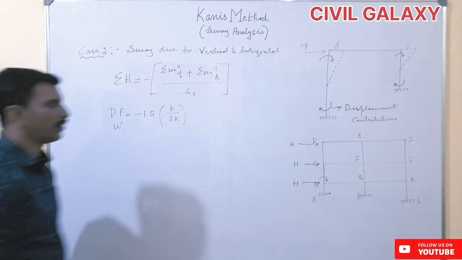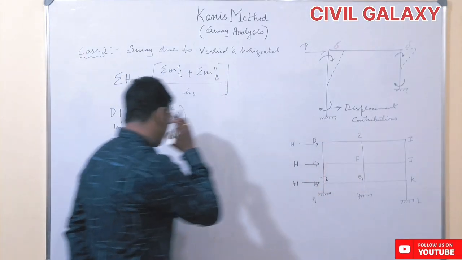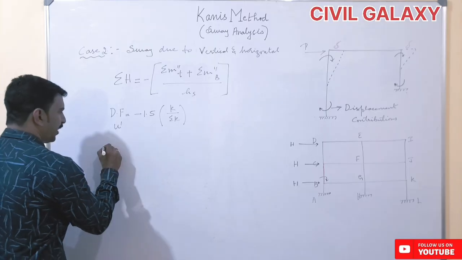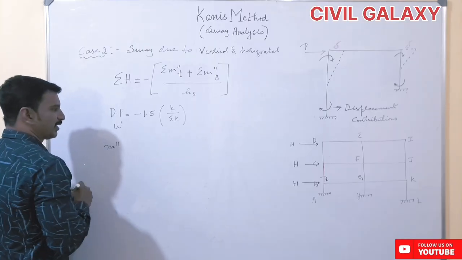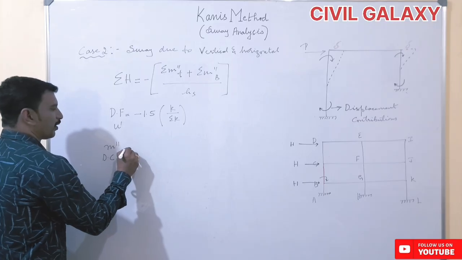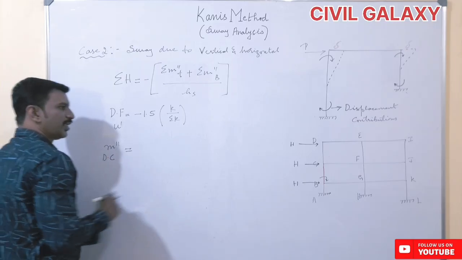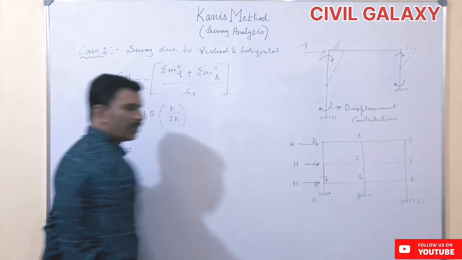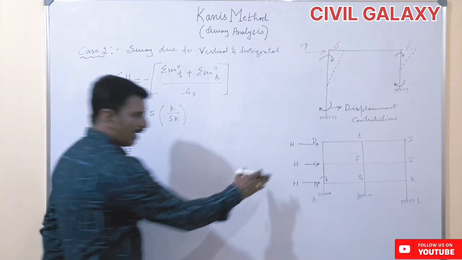This displacement factor is denoted by U dash. Next, if you want to find out the displacement contributions, which is represented by M double dash, here we need to find out the story shear also due to the lateral loading.